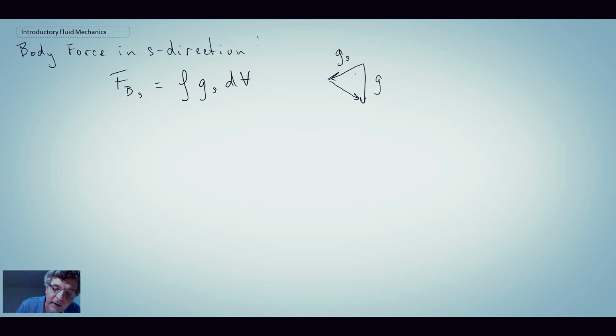So I'm going to set up a right angle triangle right here. And GS would then be equal to minus sine theta multiplied by g, the gravitational constant, where in this diagram, this angle here is theta. That's basically the angle that our streamline is making.